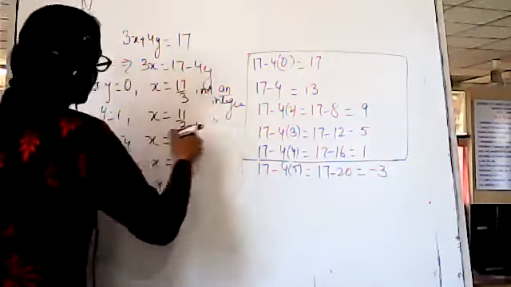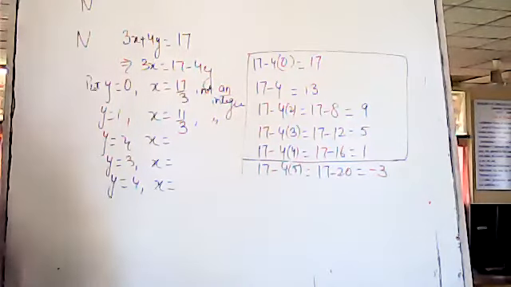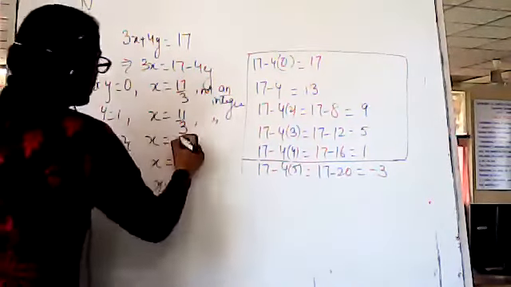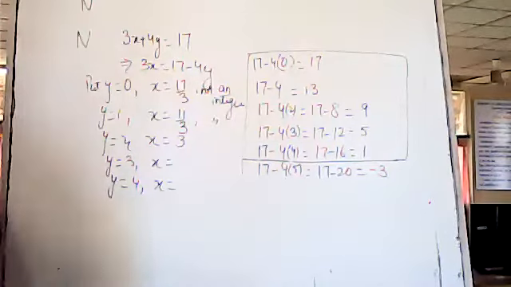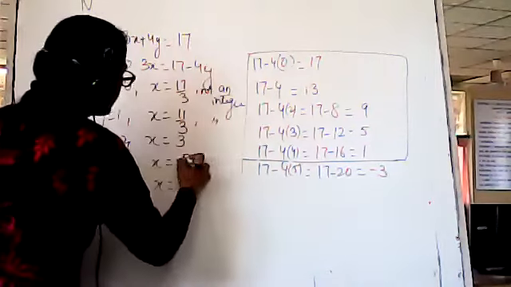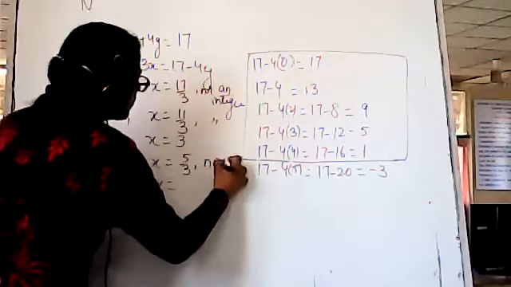This is again not an integer. If you put y equals 2, x will be 3. If you put y equals 3, x will be 5 by 3, again not an integer.